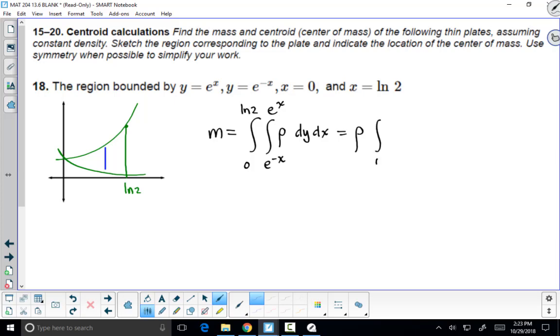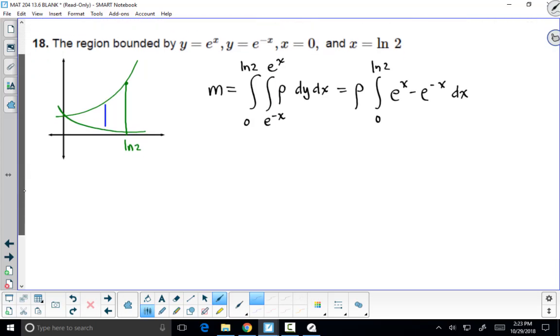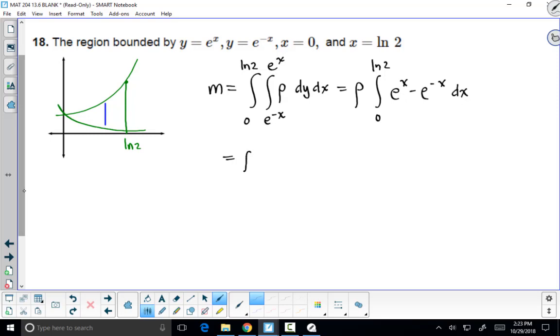So when we do our inner integral, there's no y, so we get the length of the interval. So e to the x minus e to the minus x. Integrate that. We get e to the x plus e to the minus x from 0 to natural log of 2. Let's simplify that.